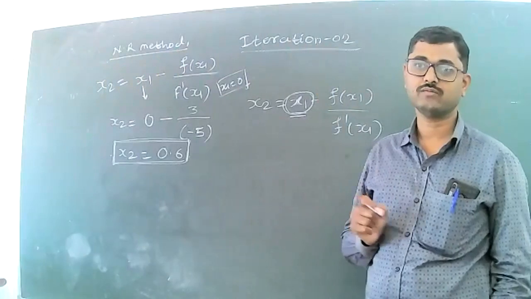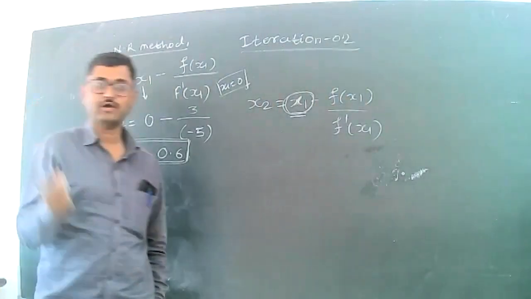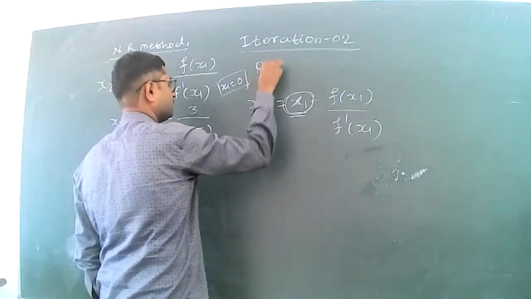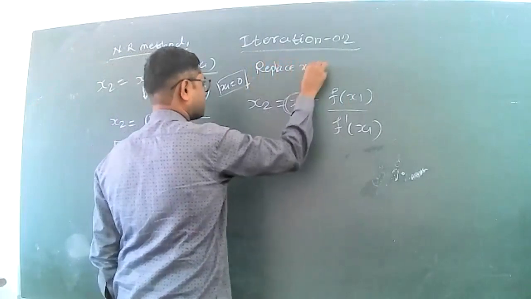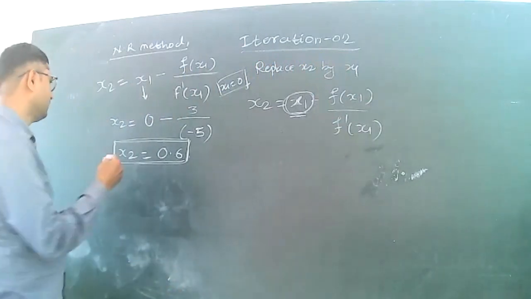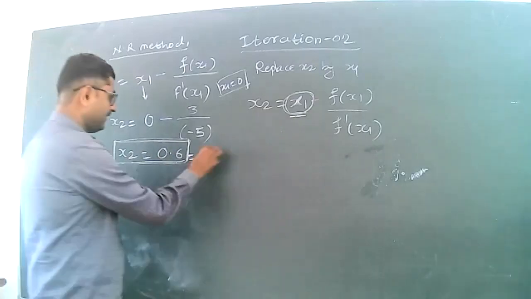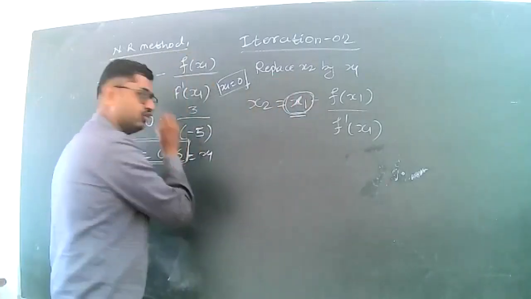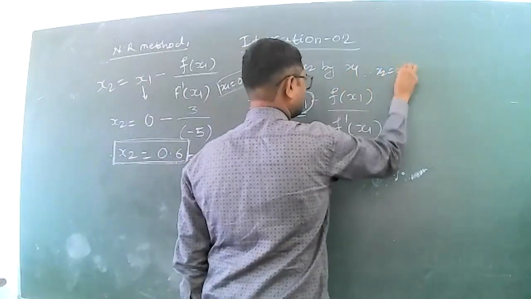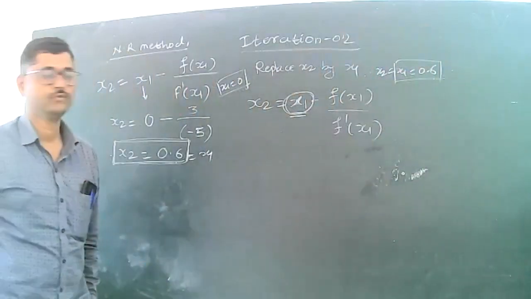That root x2 is the x1 value for the next iteration. Means we have to replace x2 by x1, so for the next iteration x1 is 0.6.